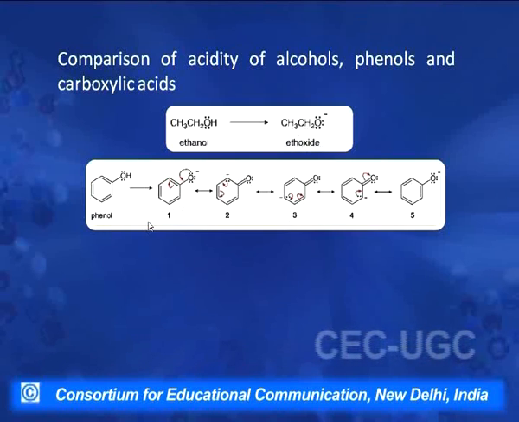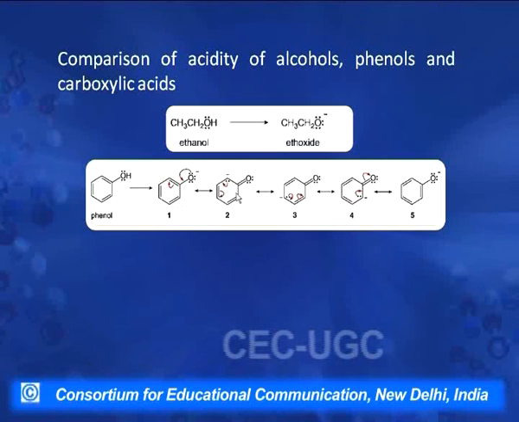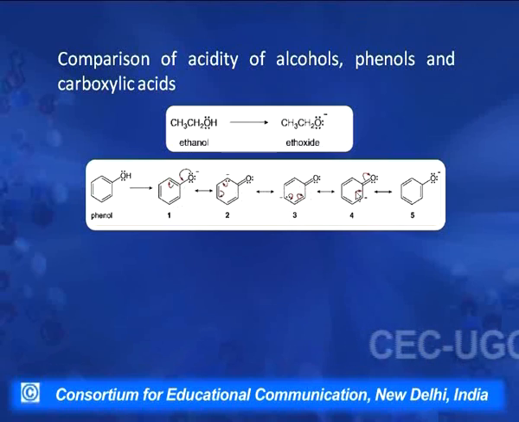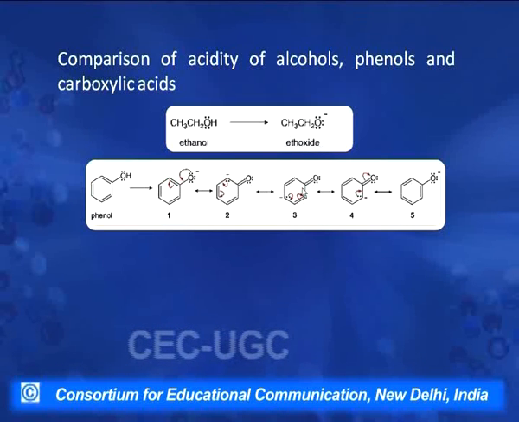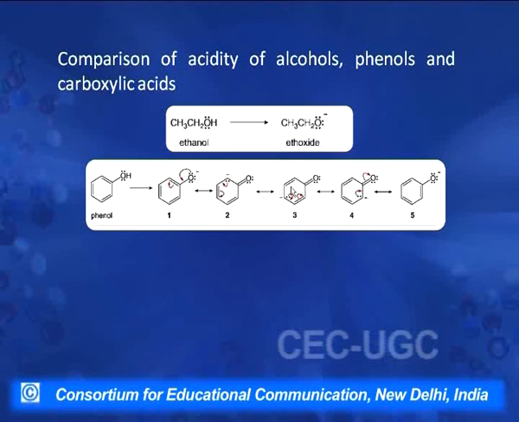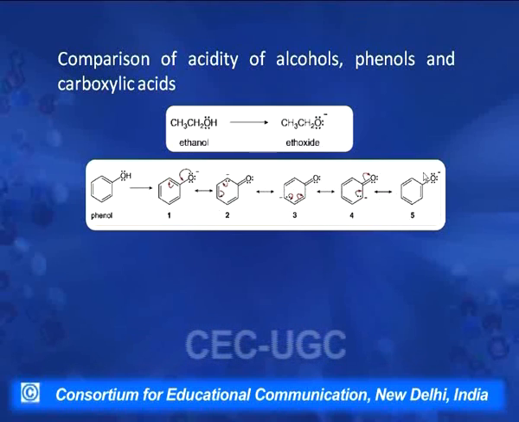Whereas in the case of phenoxide ion, this negative charge is stabilized by resonance with the pi electrons of the ring. These are various resonating structures which have been shown, where the negative charge is distributed over the ring and the CO bond acquires a C double bond O character. In this way, the negative charge from the oxygen is distributed over the whole ring, which means it is stabilized.